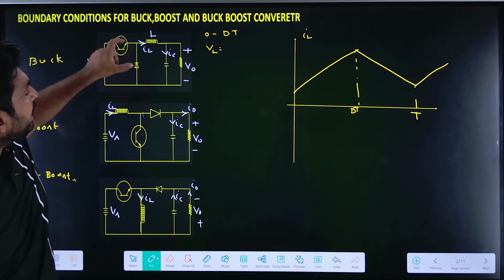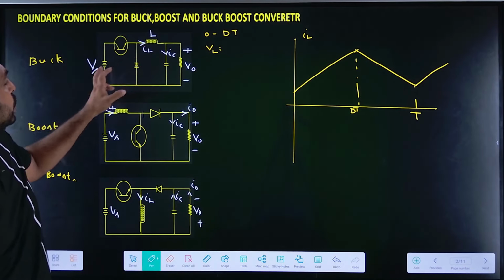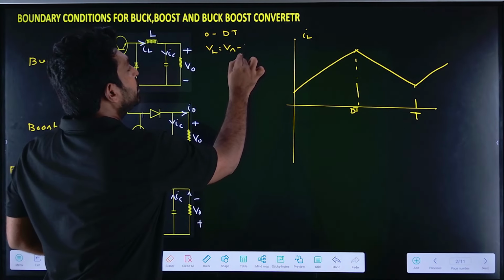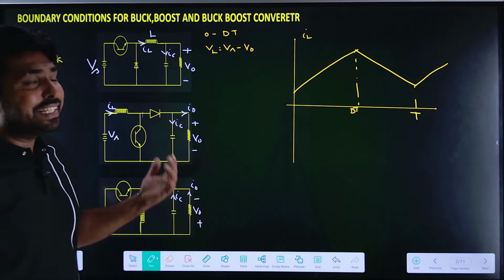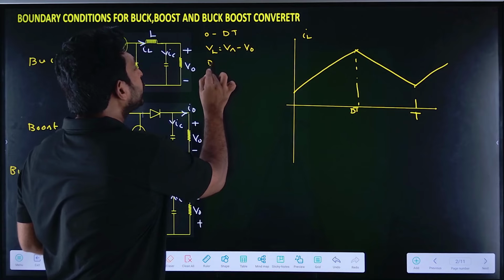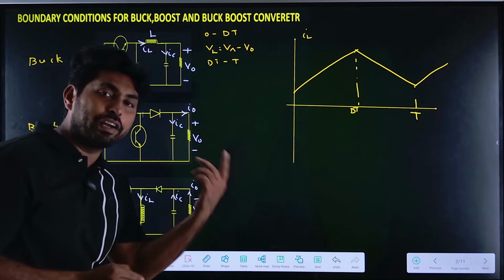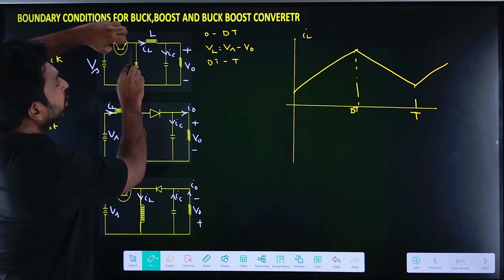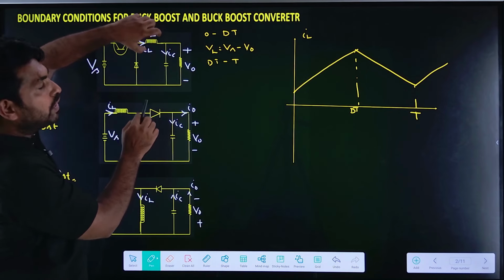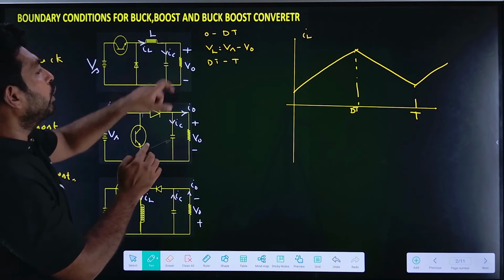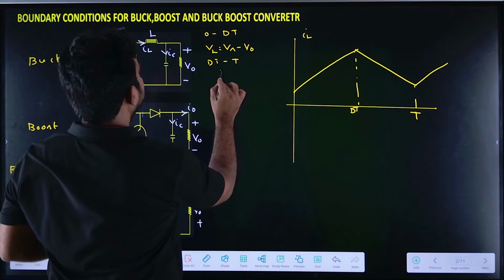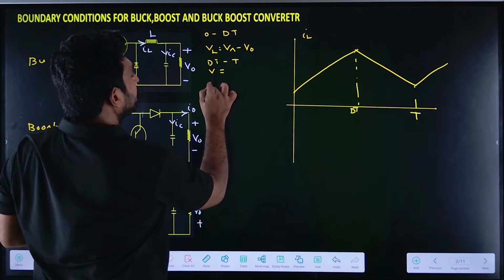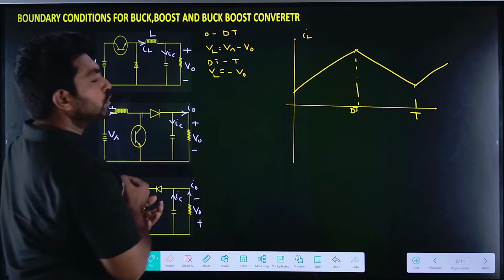The switch is on and the diode is off, so the inductor voltage will be Vs minus V0. From dT to T, during the off time of the switch, the switch is off and the diode is on, so VL equals minus V0.